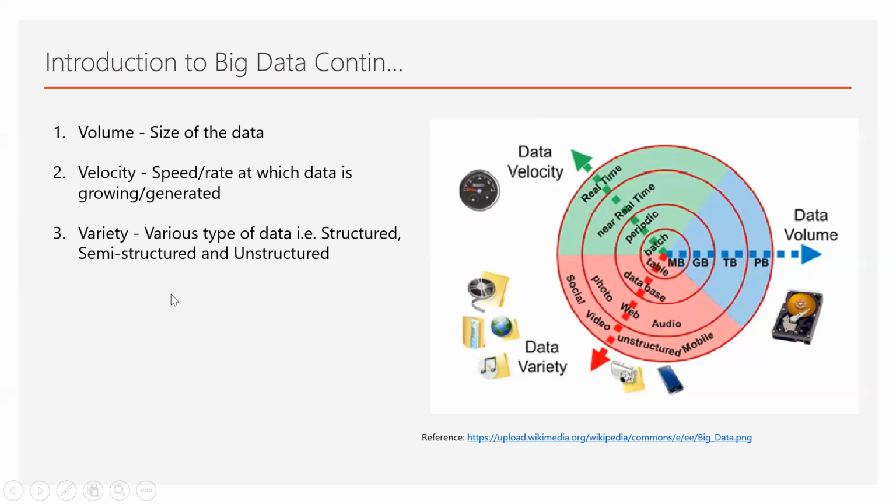Another characteristic is variety. You not only restrict it to structured or semi-structured data, you also have unstructured data, like videos being uploaded to YouTube, and photos being uploaded on Twitter or Instagram, like social media. Even in medical healthcare industries and different domains we use images.